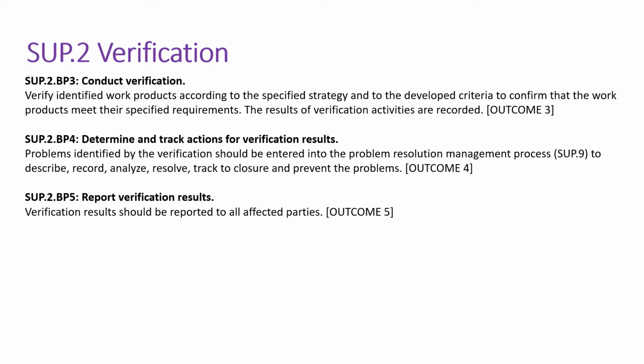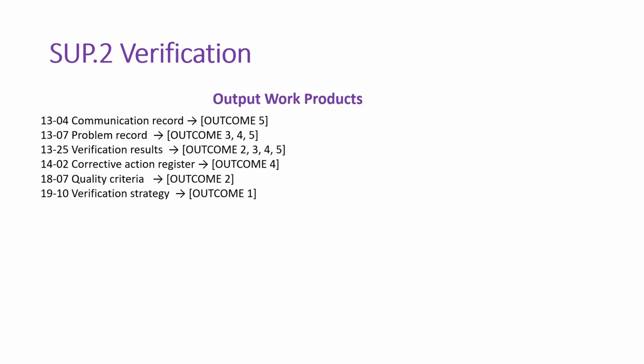This is the outcome of this BP5. So what are the outputs for this particular process area? You will have a communication record, either an email or an auto-generated email, or minutes of meeting, or status reports, or these kinds of things. And your problem record, either an issue tracker, audit log or audit report, or your peer review record, as a problem record.